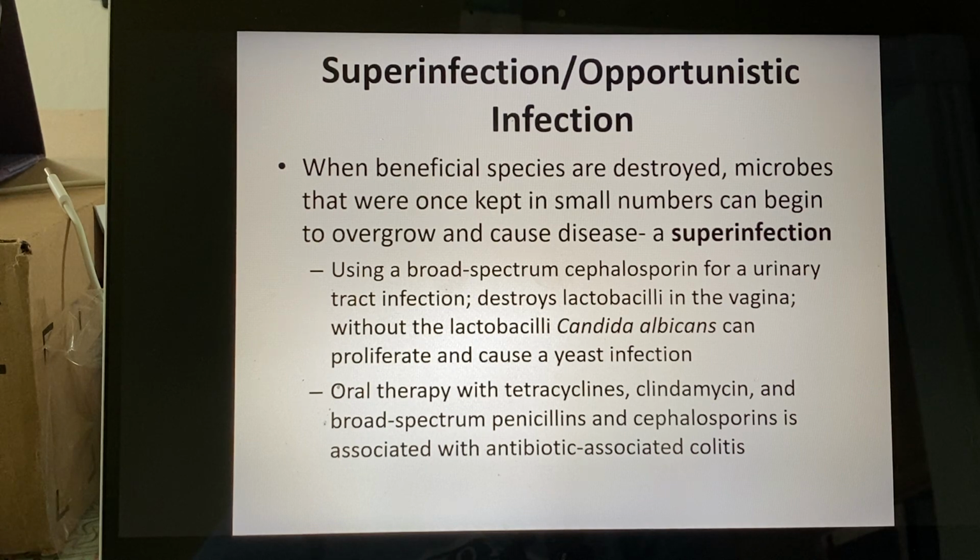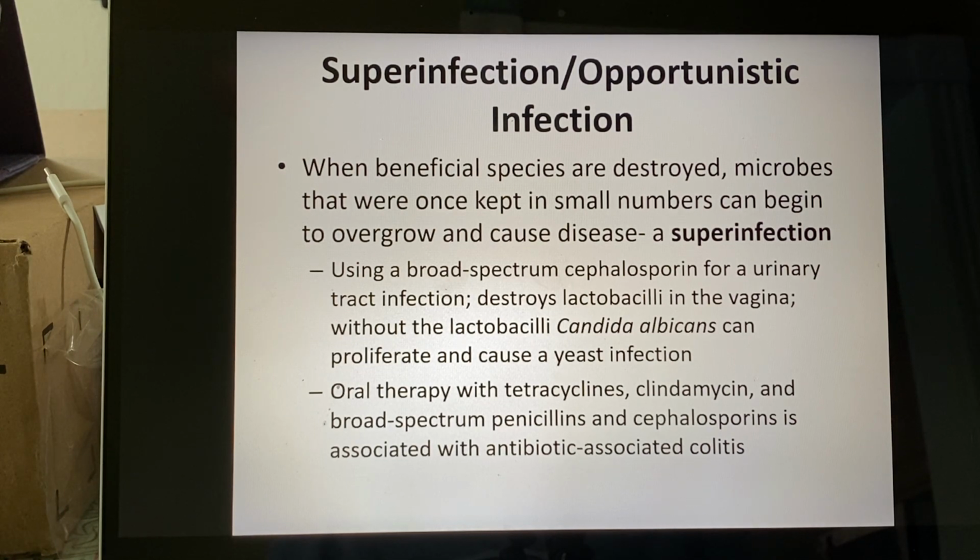The other thing that can happen is if you're on tetracycline, clindamycin, or other broad spectrum antibiotics, it's going to wipe out pretty much everything in your gut. And now you could potentially have a bad guy overgrow in your gut, and you get colitis, you end up with diarrhea and stomach cramping. That is another example. So, unfortunately, we can't program our antibiotics to just go in and kill one particular species.